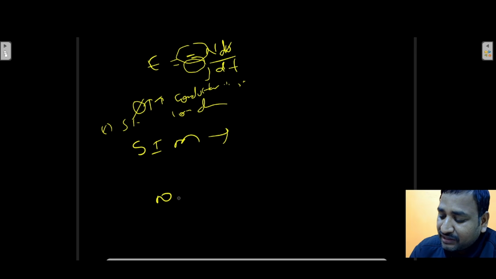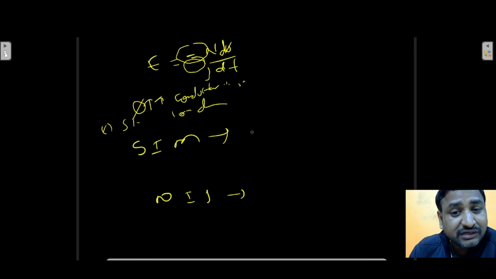Another is dynamically induced EMF. Statically induced EMF is nothing but, here we give alternating voltage by which alternating current is produced. When the alternating current flows through all the turns of the coil, a flux is produced.